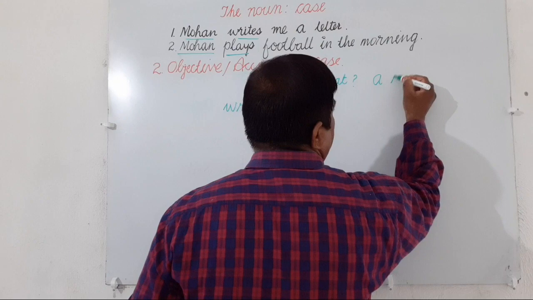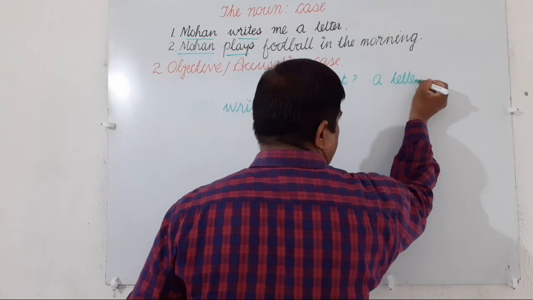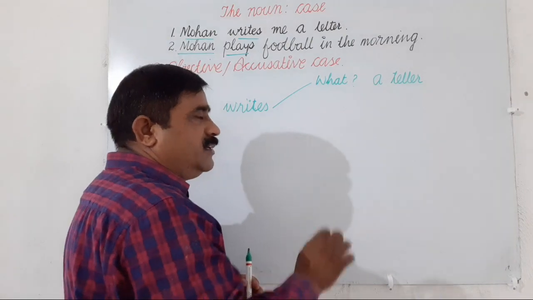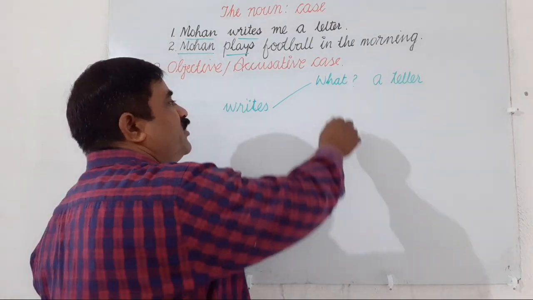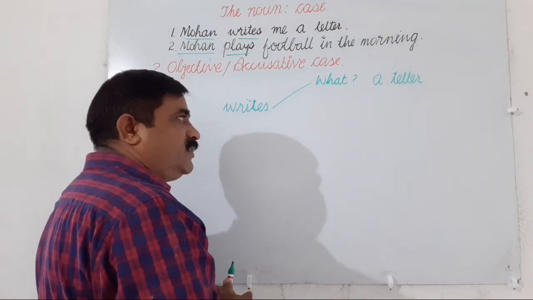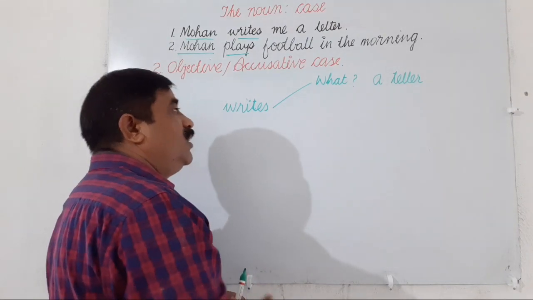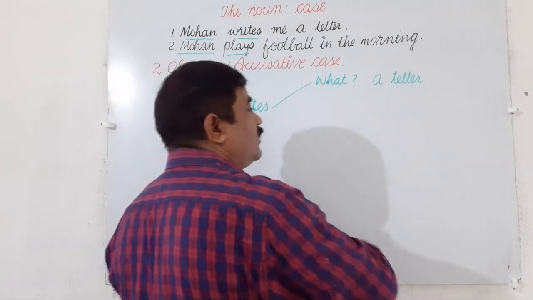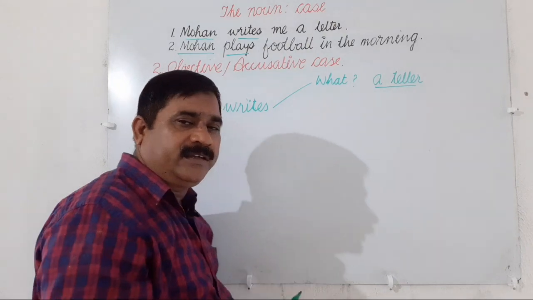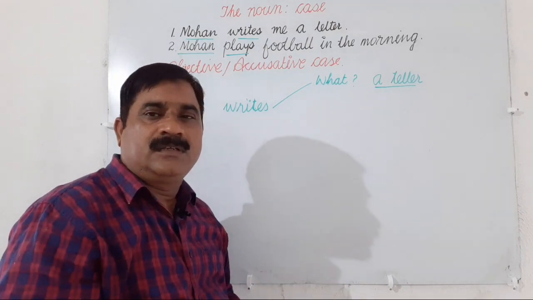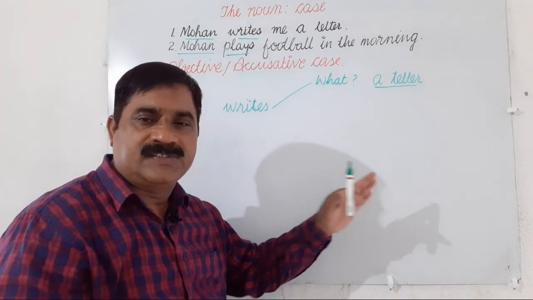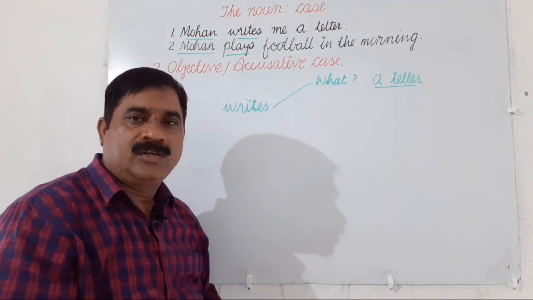A letter is an answer to the question what? Mohan writes a letter. Mohan writes what? A letter. A letter is a direct object.